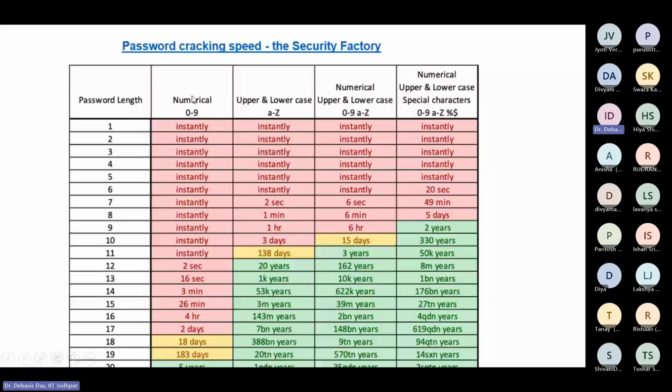If we include both numbers and upper and lower case, it again enhances the security. And if we focus on numerical, uppercase, lowercase together, that gives you a high level of security.